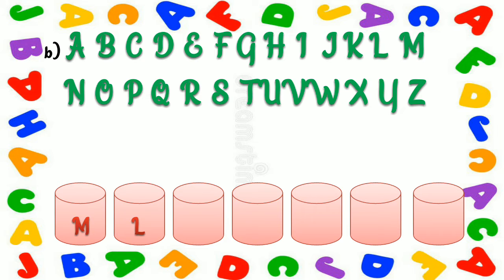Here we see M. So where is M? Here we have the alphabet A to Z. So here is M, then here L. M, then L.